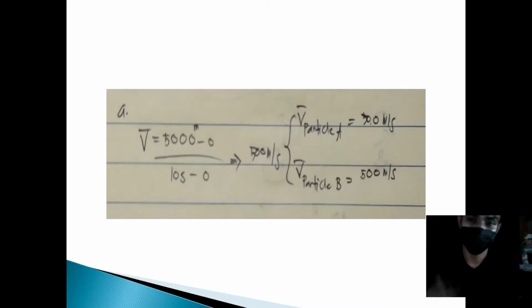Knowing that the two particles have the same starting time and starting place, both 0 meters, 0 seconds, and the same final displacement and the same final time, then automatically their average velocities are also the same because the data are the same. So we're not going to take into account the two formulas given. So that's the answer. The average velocity for both particle A and particle B is equal to 500 meters per second.